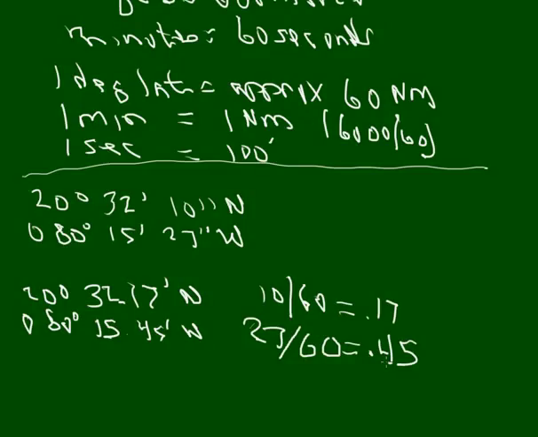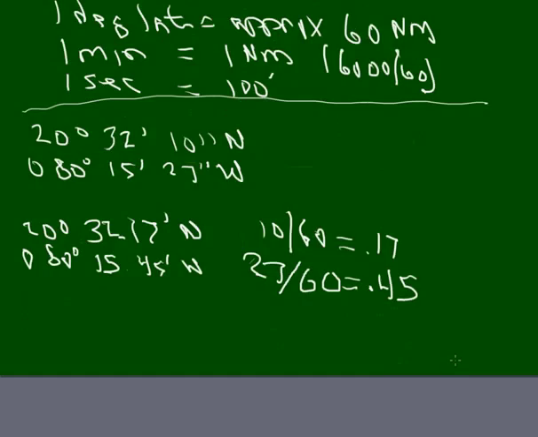I got that because 27 divided by 60 is 0.45 of a minute.